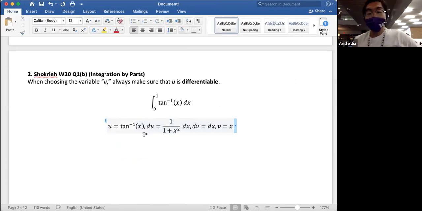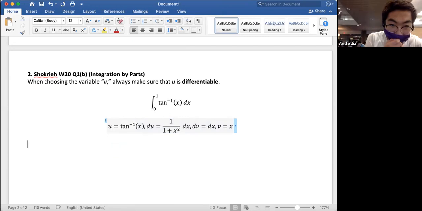Then we do the integration by parts, which is uv minus the integral of v du. So this is a definite integral.